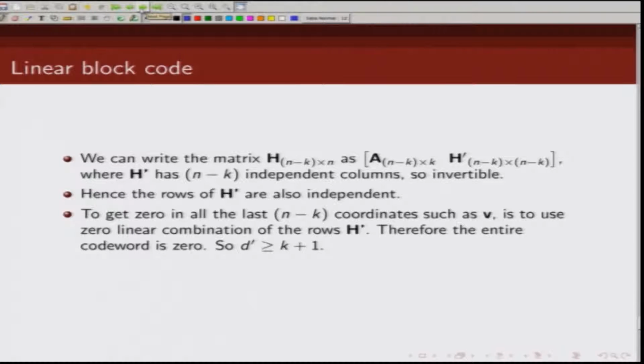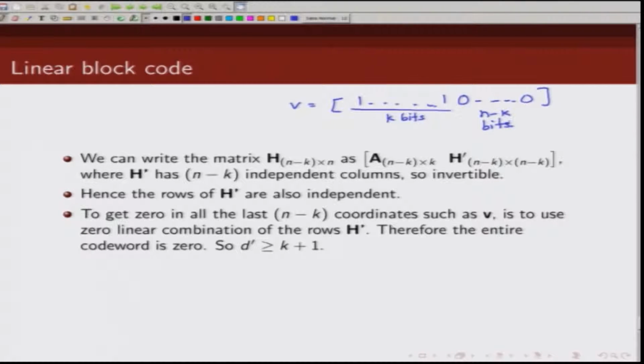Now, remember, what did we say about our code word v? We said that in our code word v, at most the first k bits are 1. So, these first k bits can at most be 1 and the remaining n minus k bits are all 0.